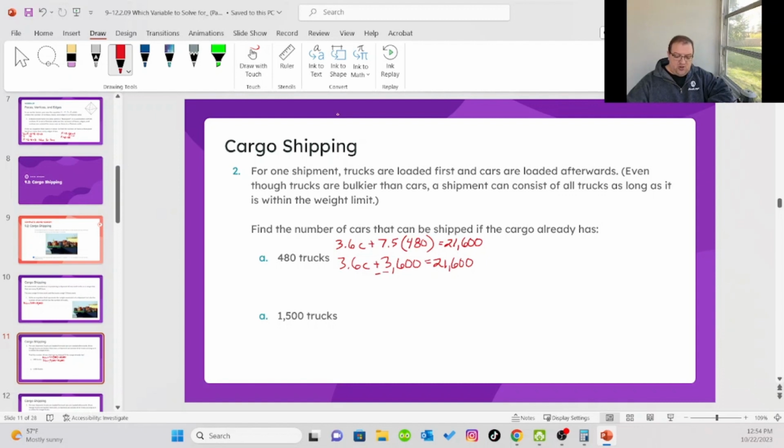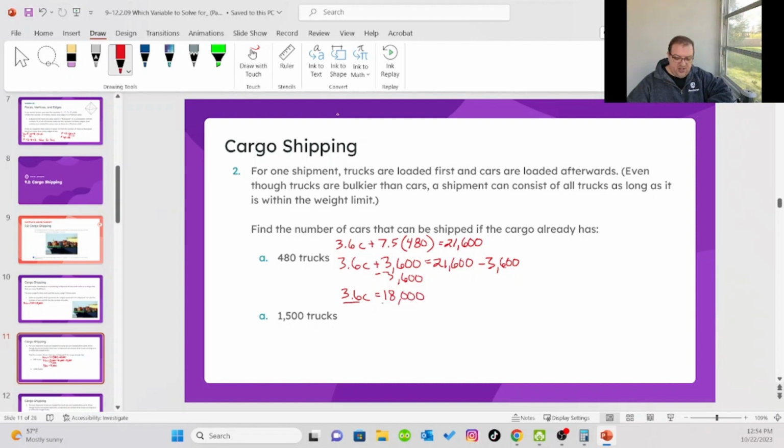I would need to subtract the 3,600 from both sides. That would give me 3.6C equals 18,000.